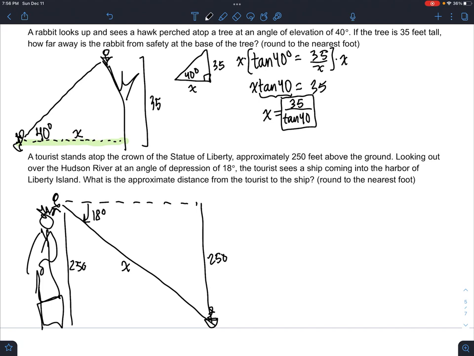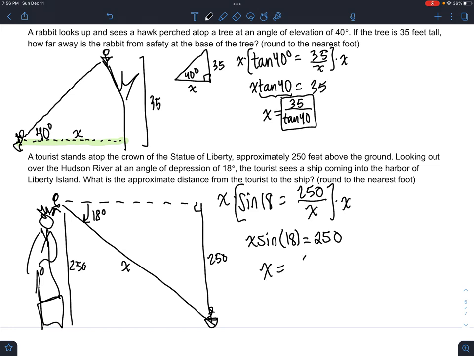And we can also fill in this side of the triangle as a parallel height. It's also 250. So from here, I see opposite over hypotenuse, which is going to be sine. So sine 18 equals 250 over x. Same thing as last time: we cross multiply or multiply both sides by x, which effectively do the same thing. And we again divide to get our answer. I can say with certainty this is 809 feet.